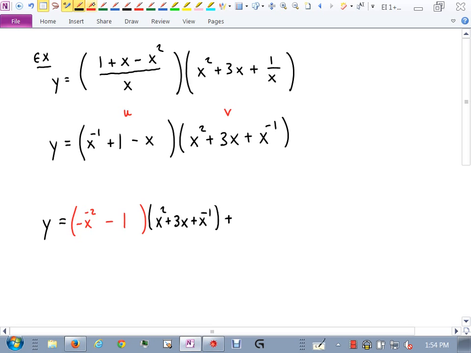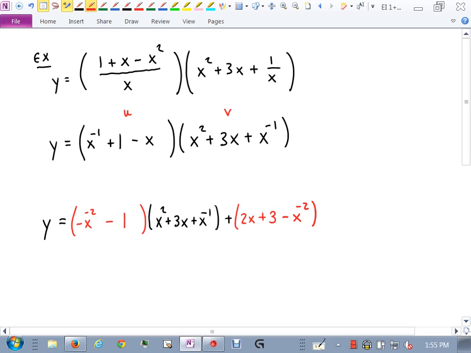Plus now a derivative, right? But it's the derivative of this one. So 2x plus 3 minus x to the negative 2, right?